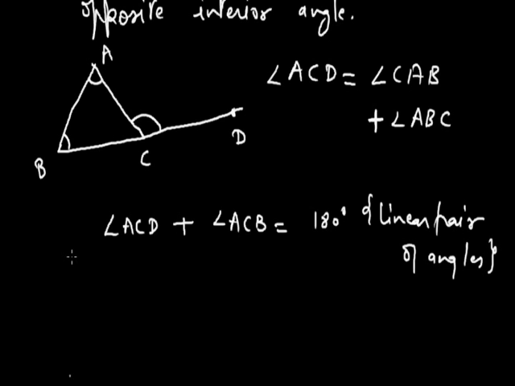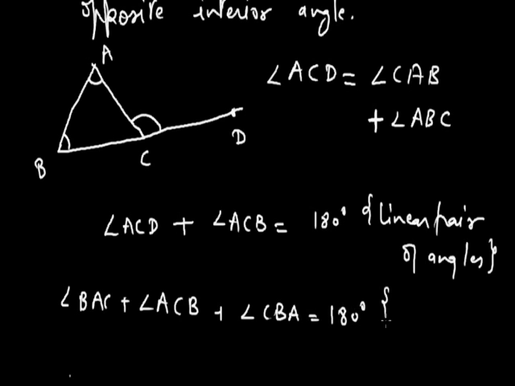And using the angle sum property, I can also write that interior angle A, interior angle B and interior angle C when added give me 180 degrees. So I can write angle BAC plus angle ACB plus angle CBA is equal to 180 degrees. As you write a statement, you must be clear about the reason for the statement. Always write a reason. The reason for this statement is the angle sum property of a triangle.